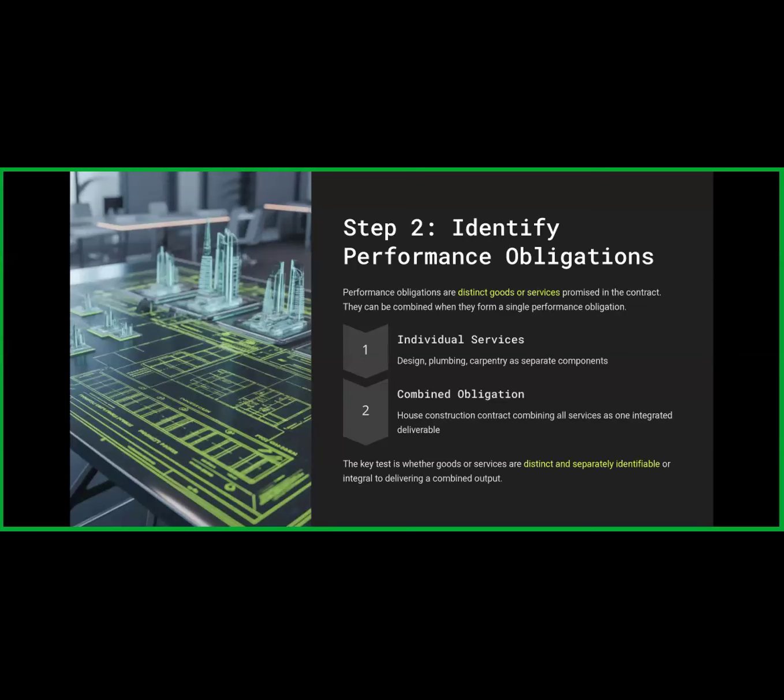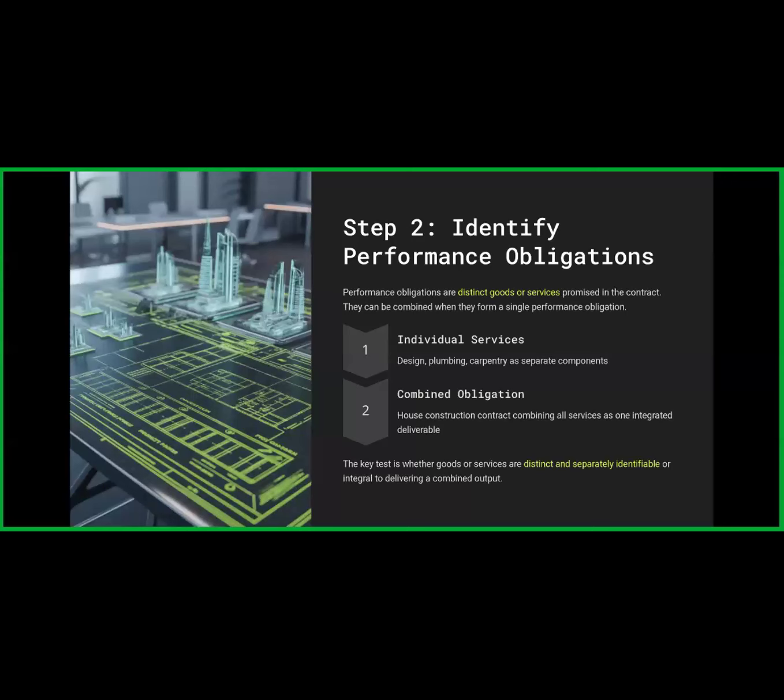But whenever we want to buy a new house, we can make the payment to the builder at once for the different services: for the house itself, for the interior designing, for the plumbing. These are the combined services provided by the companies. This is how we identify the performance obligation.